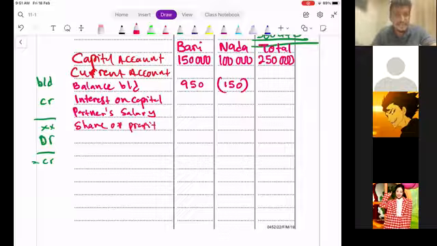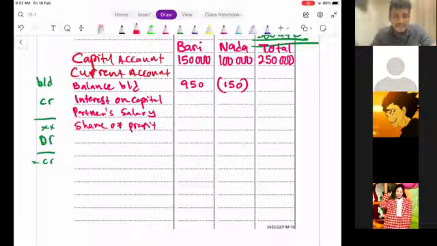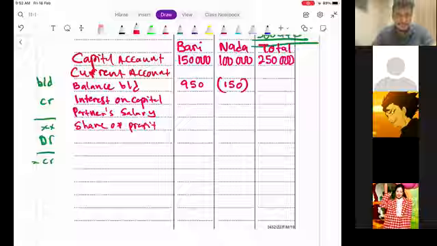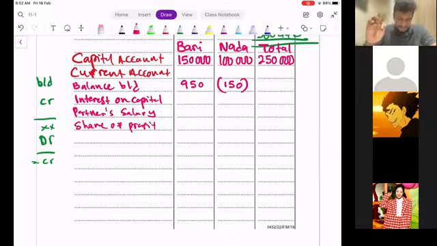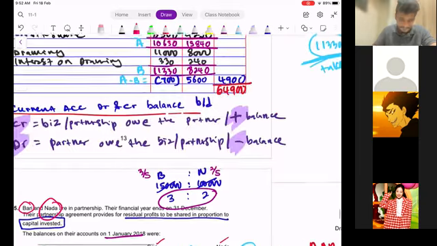Sir, can you explain the balance b/d formula thing? I mean, which one is negative, which one is positive?